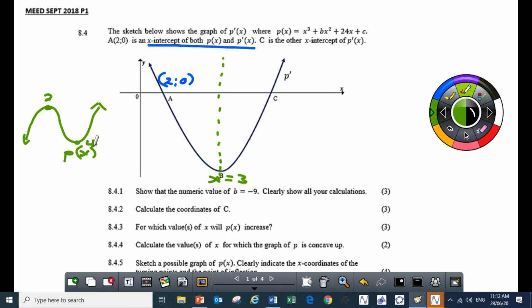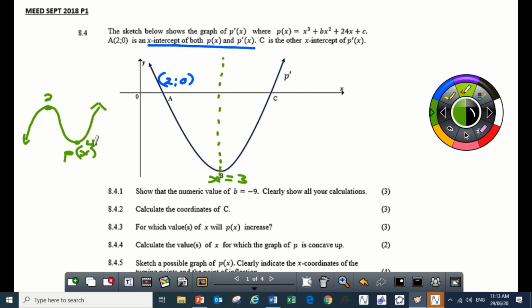If you don't know the shape of the cubic graph, you're going to have some challenges. So knowing the shape of your cubic graph first is very, very important. It's going to be a decreasing function between x equal to 2 and x equal to 4.